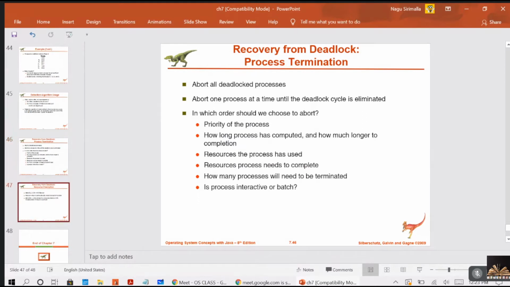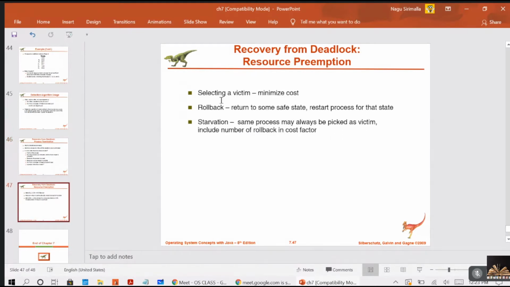And when it comes to resource preemption, to eliminate the deadlock using resource preemption, we successively preempt some resources from processes and give these resources to other processes until the deadlock cycle is broken. Here you are supposed to consider these things when using resource preemption: selecting a victim, rollback, and starvation.